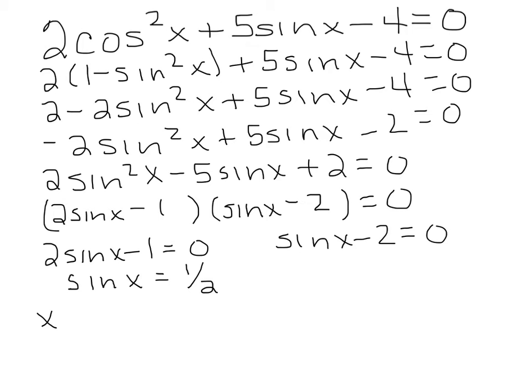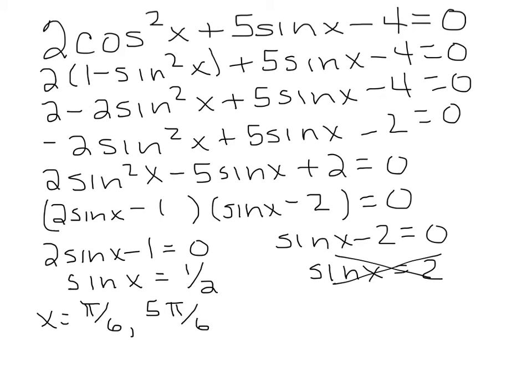So in the interval from 0 to 2 pi, I would have the solutions x is equal to pi over 6, or 5 pi over 6, and sine of x equals 2 has no solution, so we get to put the big X mark through it. So I have my solutions in the interval from 0 to 2 pi.